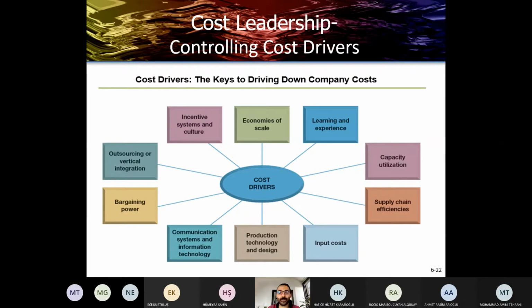And what are some cost drivers that we can control while we think about cost leadership strategy, right? First of all, economies of scale. It's a very basic concept. I think all of you are familiar with that. When you produce some product more and more, if you have the ability of economies of scale, the average cost per unit will decrease, right?